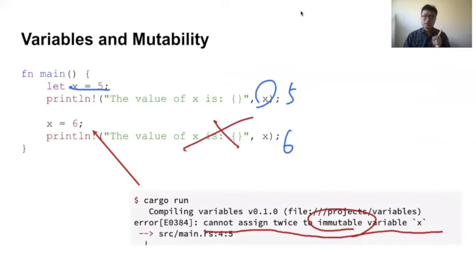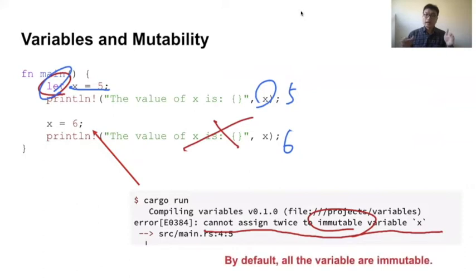In Rust, it gives you some flexibility: you don't need to define the type of a variable. But it also reduces some flexibility, in that you cannot easily change the variable. If you want to change a variable, you need to let the compiler know this variable can be changed. In Rust, by default, all variables are immutable. You assign a value to the variable, then you should not change it.